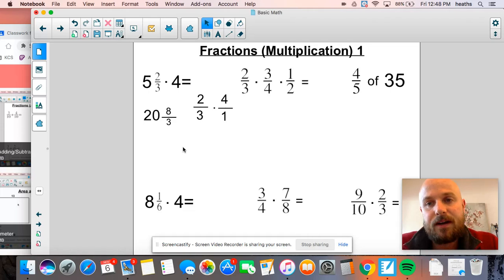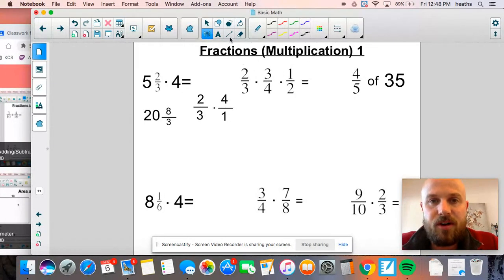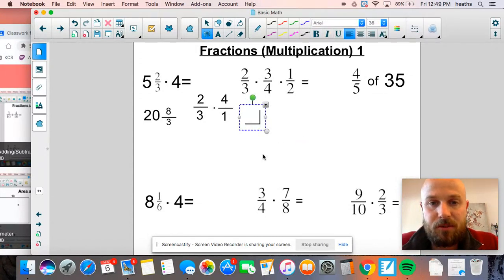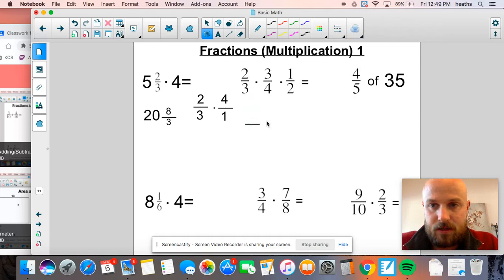Okay, so let's jump over to this problem, 4/5 of 35. Remember, when you see the word "of," that is just another way of saying multiplication. So this is really 4/5 times 35.